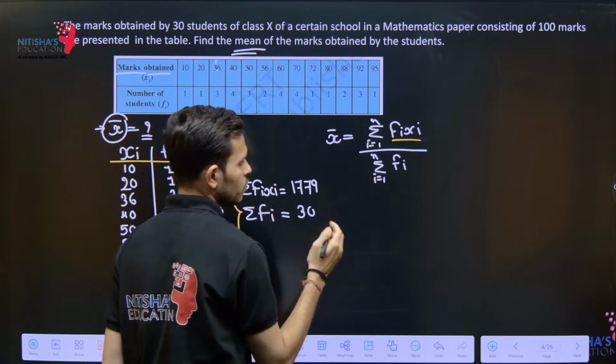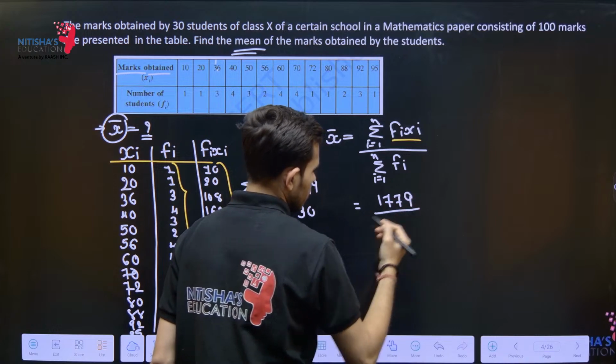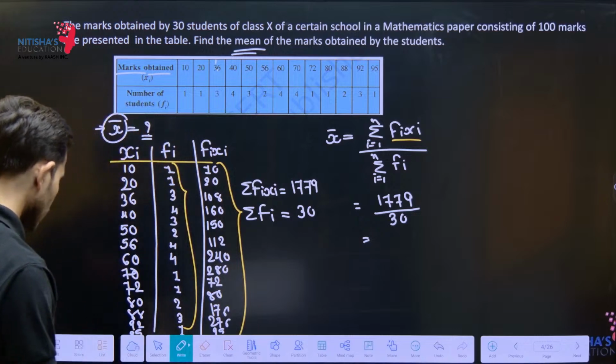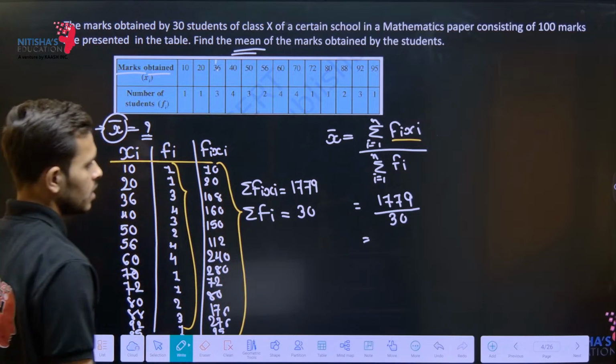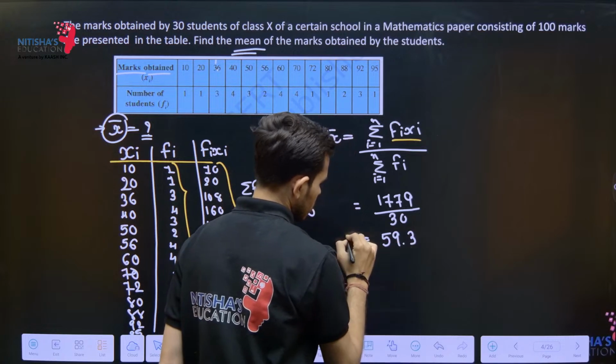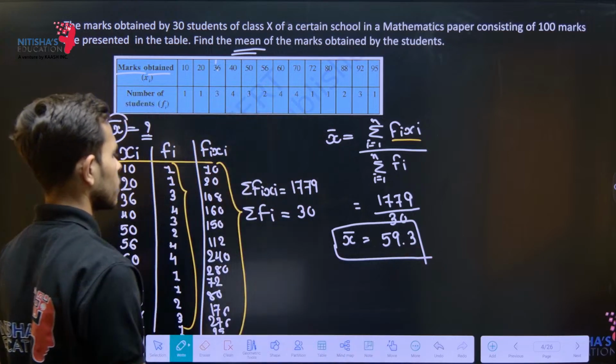So place these values in our equation. It's 1779 divided by 30. If we divide 1779 by 30, then we get 59.3, which is the mean for our question.